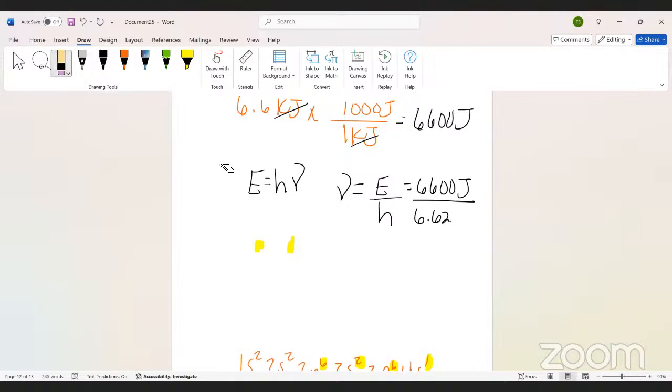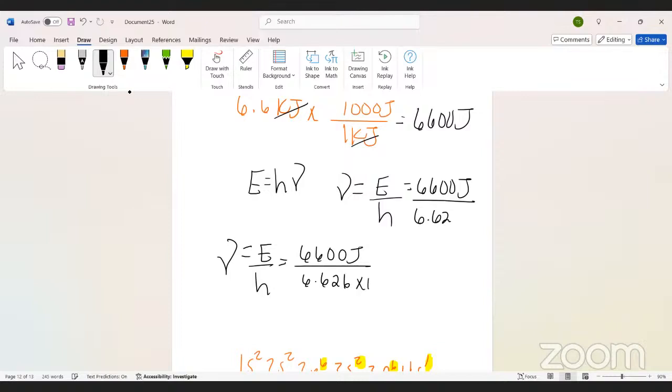Okay, so right here, v, that little frequency symbol, equals E over h, Planck's constant. So 6,600 joules divided by 6.626 times 10 to the negative 34 joule-seconds.